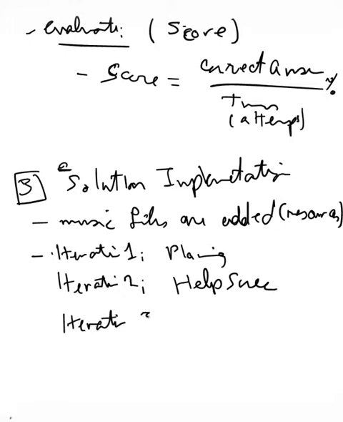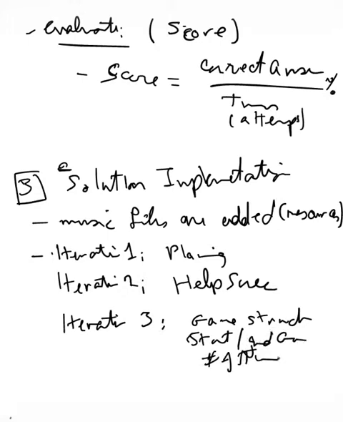Then in iteration 3, we'll do the game structure, like the start game, how we're going to do that, the end game, how we're going to implement the number of turns, and so on.